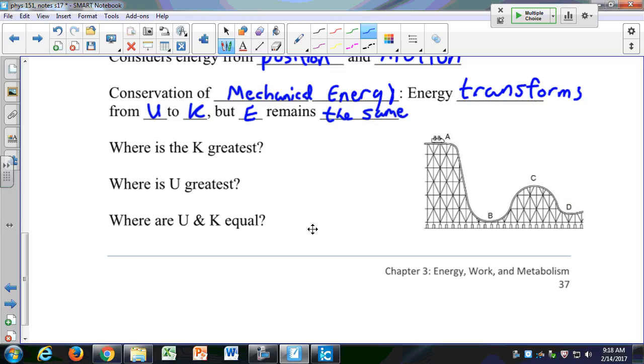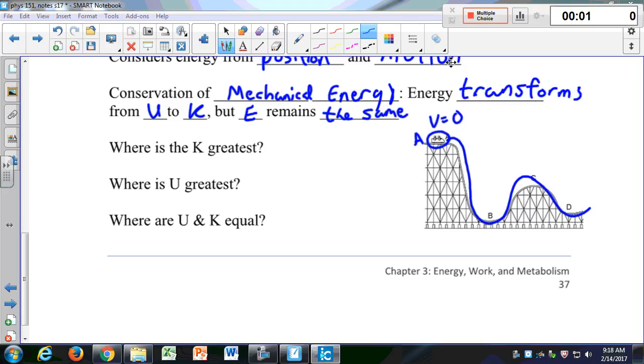Let's imagine that we have a roller coaster. And here, at the beginning of the roller coaster, I have v equals 0. This is point A. And then it travels down, and then comes back up, and then it goes there. So at which point, A, B, C, or D, is the kinetic energy of this object the greatest?